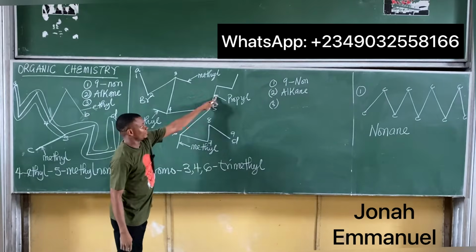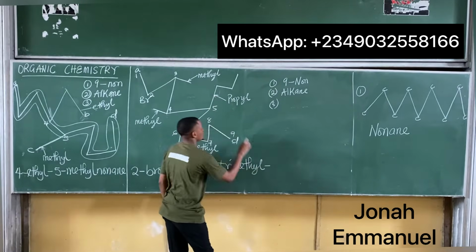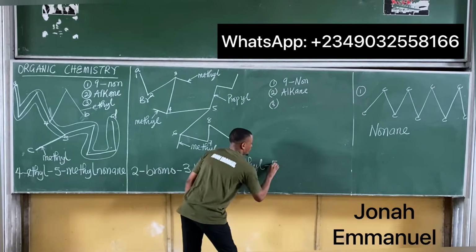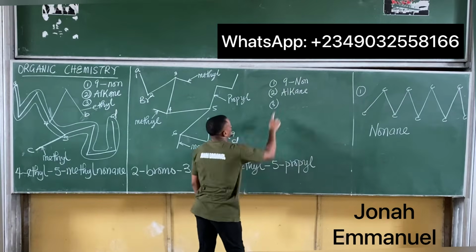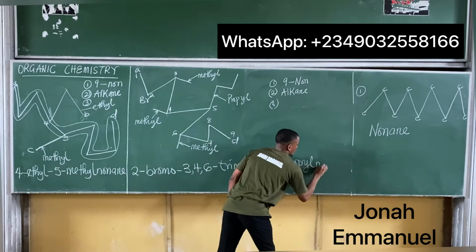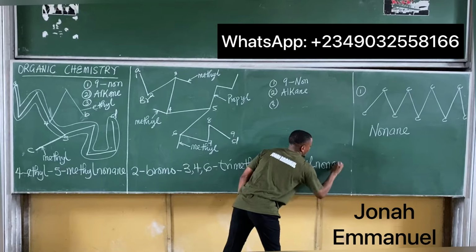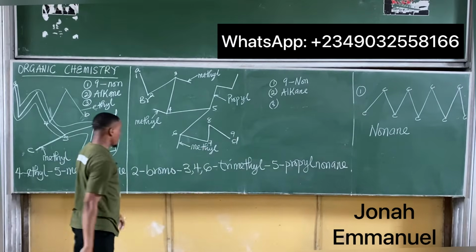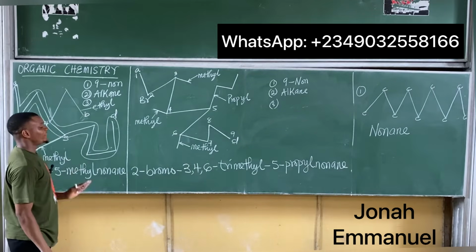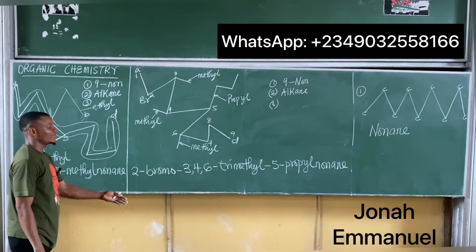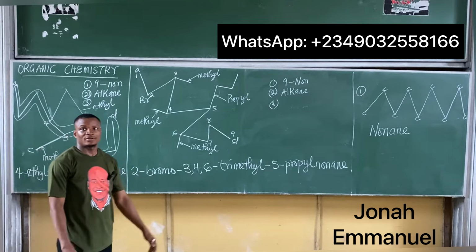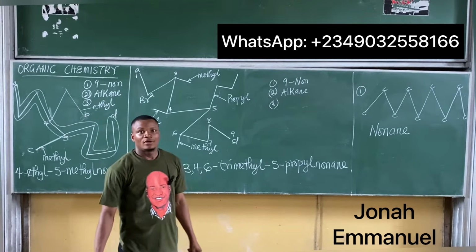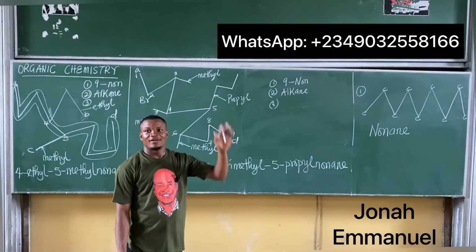This one is here, so it becomes hyphen, position 5, propyl, nonane. So the name there is 2-bromo-3,4,6-trimethyl-5-propylnonane. That's the name. Who got it correctly? Sit there.